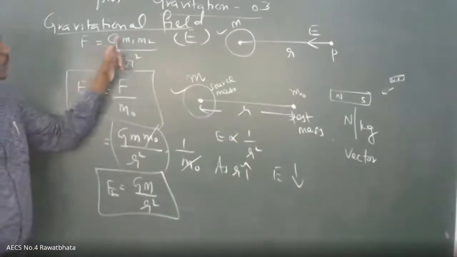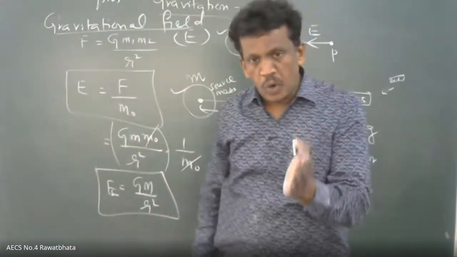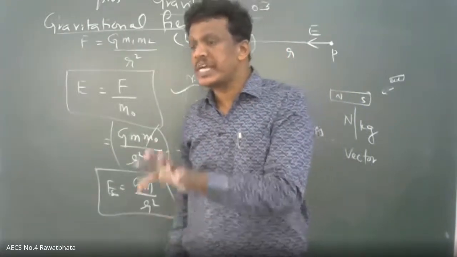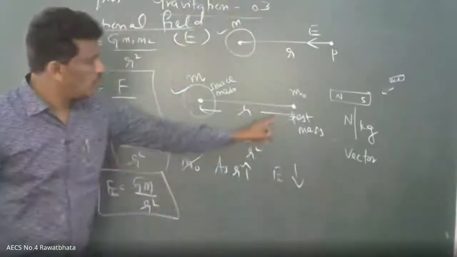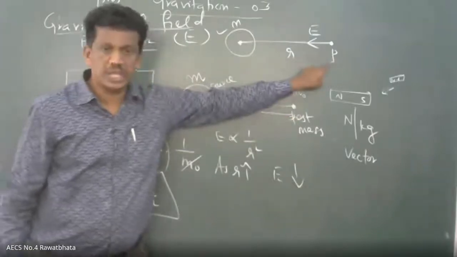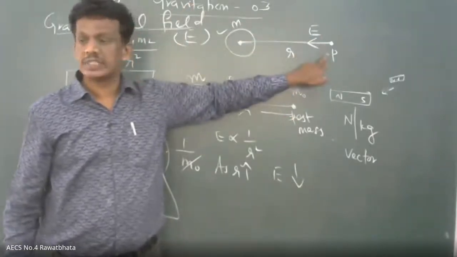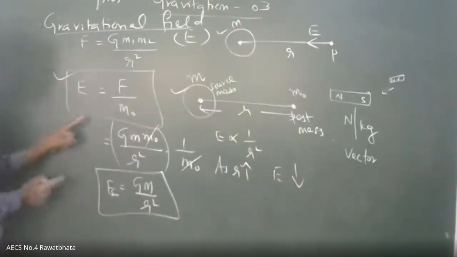So what is the gravitational field at a point? The gravitational force experienced per unit test mass placed at that point. When you keep the unit mass at a particular point P, the force experienced by that mass will be the strength. This is the formula, and from here it is easy to define.